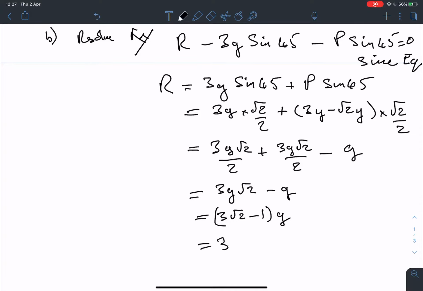Tap it in the calculator to check. Yep, it is 32 newtons to 2 SF.